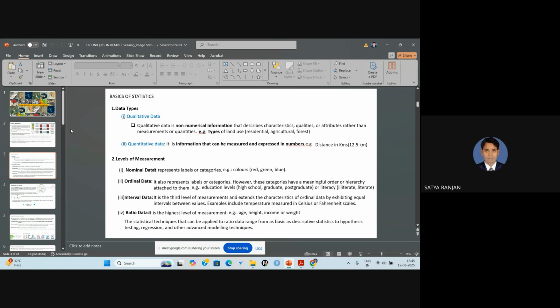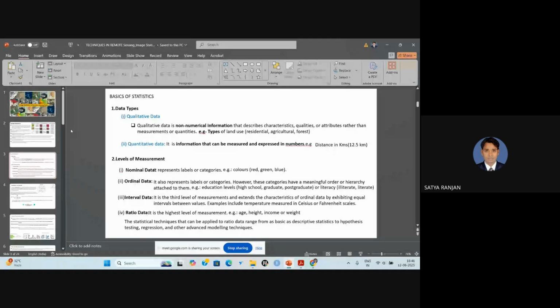So it is hierarchical data. Then interval data, the third level of measurement, extends the characteristic of ordinal data by exhibiting equal intervals between the values, and includes temperature in Celsius or Fahrenheit. And then ratio data, the highest level of measurement, such as age, height, income, weight.